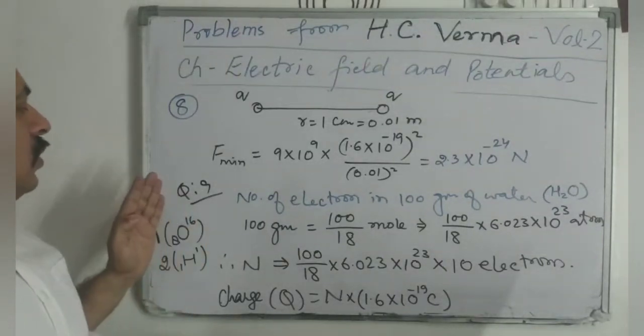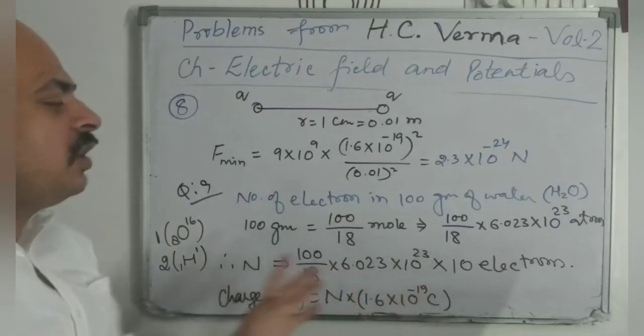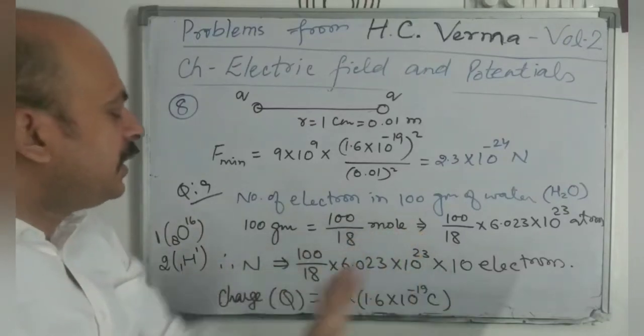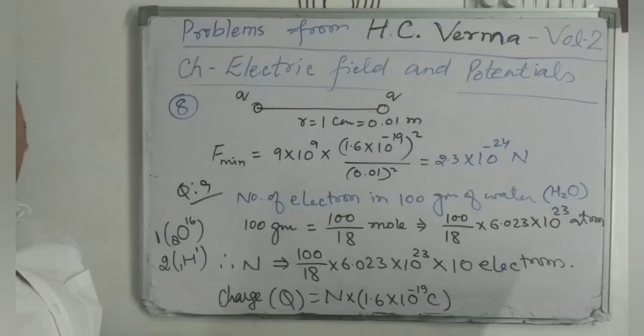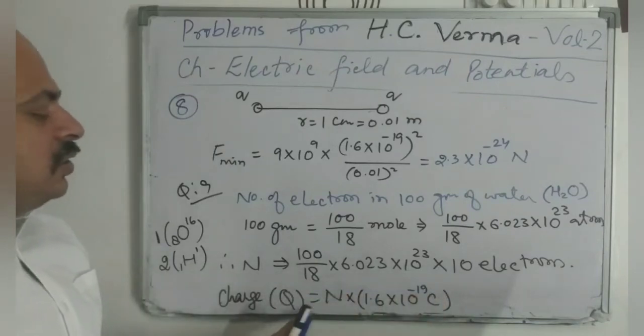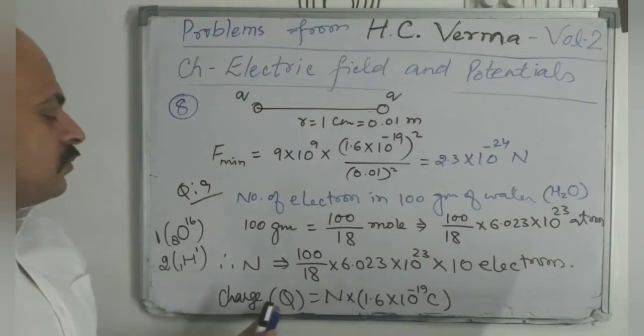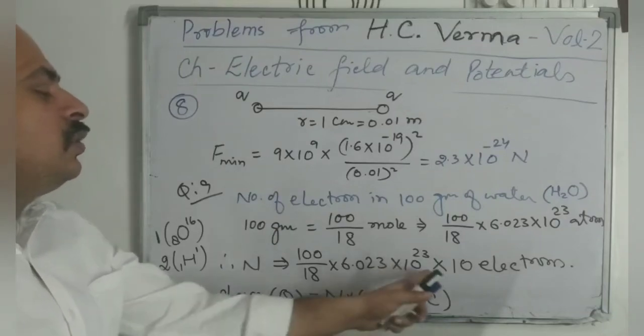Two things we have to calculate in this question. Number one, the number of electrons, so this value into 10, and the total charge carried. We know that Q is equal to n e from quantization. So you have the number of electrons, and you should simply multiply the electronic charge into that n.